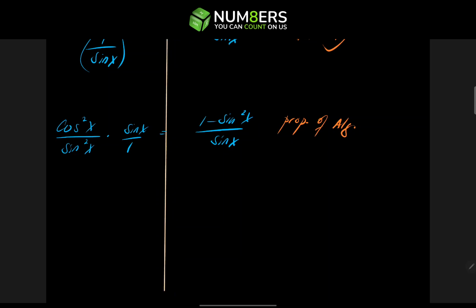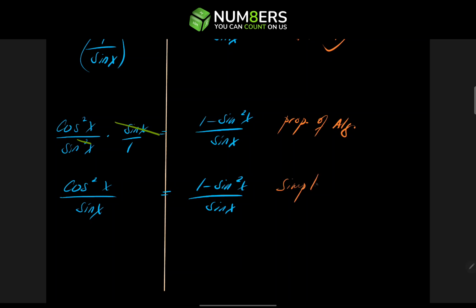And notice how we have a sine x here and sine squared x here. So we can simplify by getting rid of the sine here and only one of the two sines on the bottom. So that leaves us with cosine squared x over sine x is equal to 1 minus sine squared x all over sine x. Here we simplified, so we write simplifying.